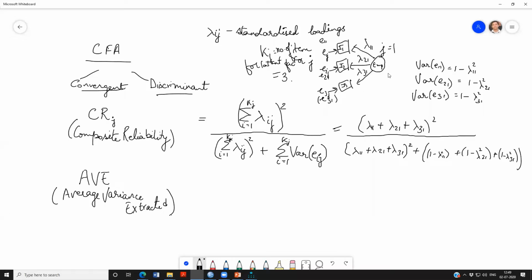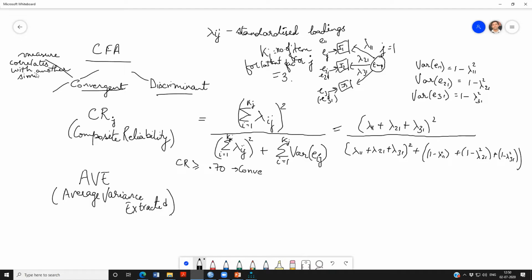Then we'll compute it for latent factor 2 and latent factor 3. And we say that composite reliability, just like alpha, should be greater than 0.7, which is an indicator of convergent validity. Remember I told you convergent validities are of two types. One, that the measure that we have developed correlates with another similar measure.